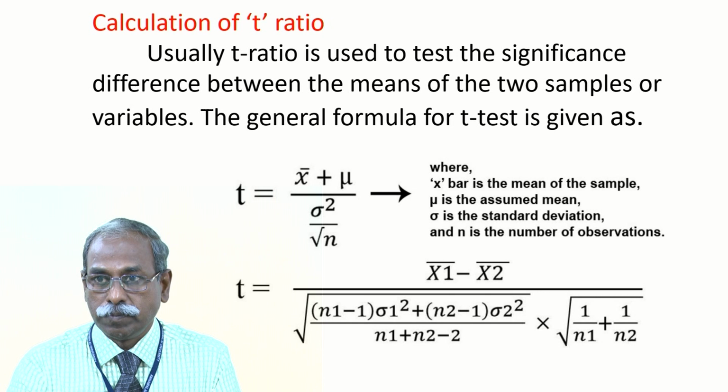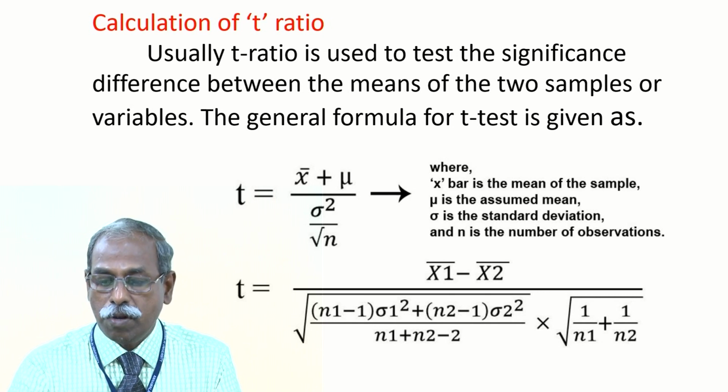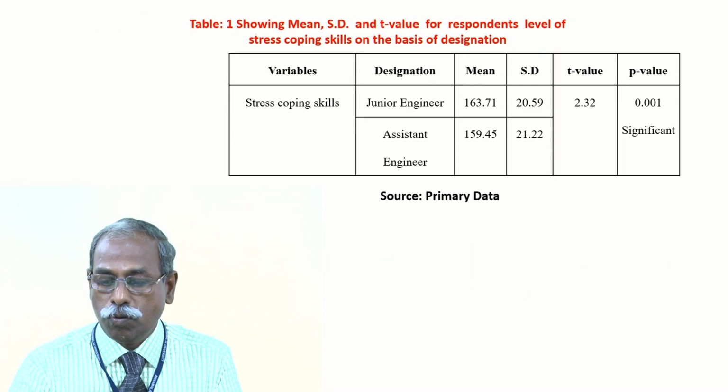Then x2 bar, how to find x2 bar? For example, how to calculate the mean value for particular data, I simply explained here. Assume that there are group 1 and group 2, and you have measured group 1 and group 2.